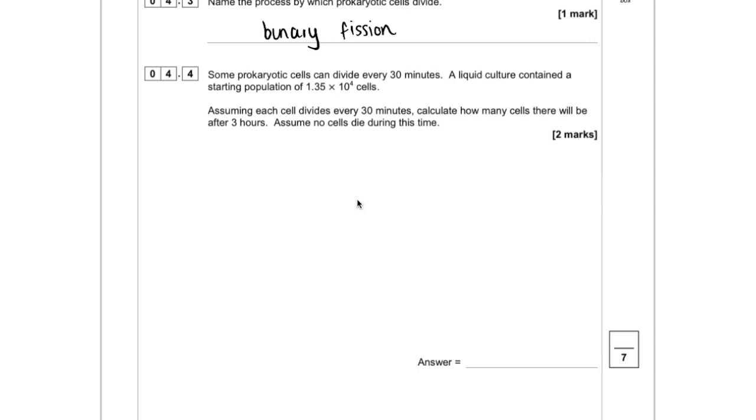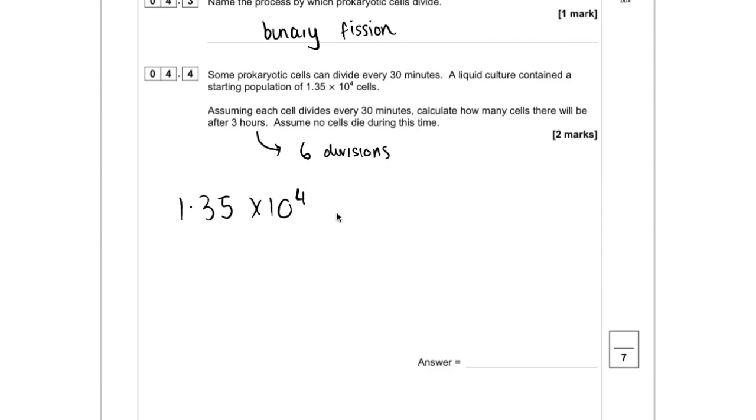We've been given a number of cells at the start, and after 3 hours we want to know how many cells this increases to. So we're going to start off with 1.35 times 10 to the power of 4, and we basically want to know how many divisions there are. In 3 hours, there's going to be 6 lots of 30 minutes. So there's going to be 6 divisions.